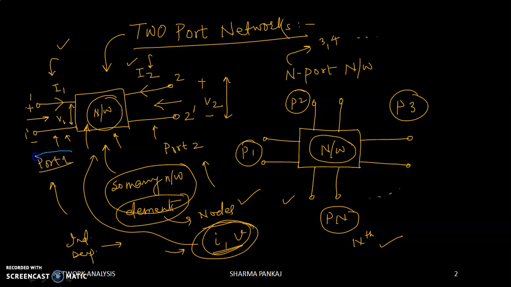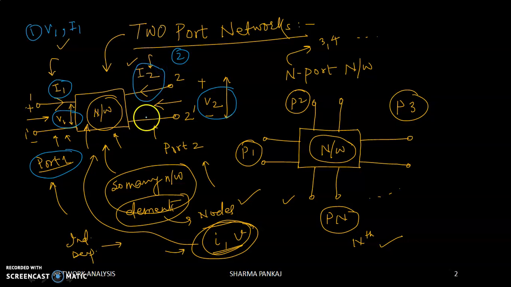For port number 2, the variables are V2 and I2. So I'm writing it: for port number 2, the variables are V2 and I2.